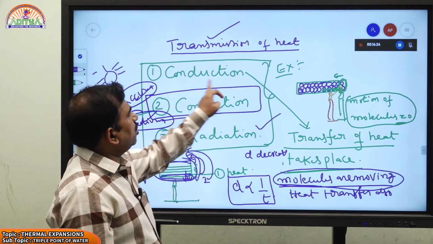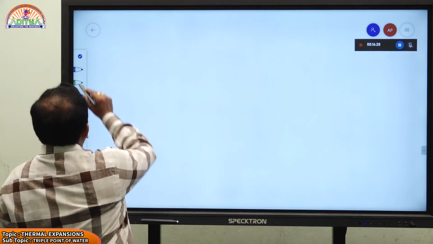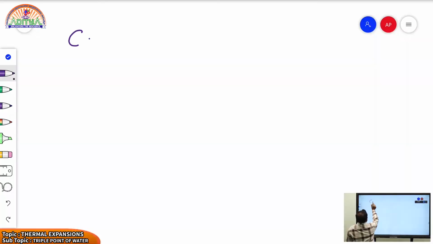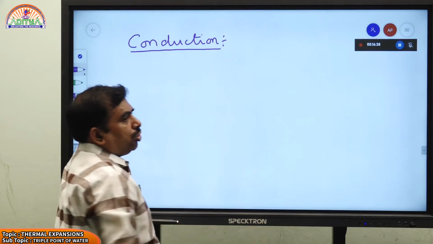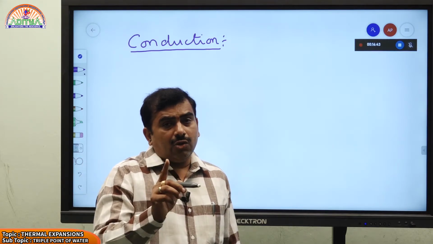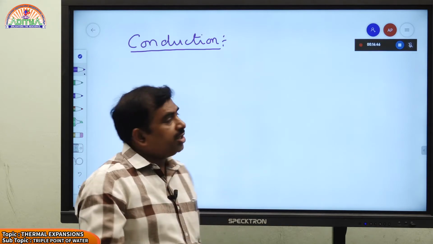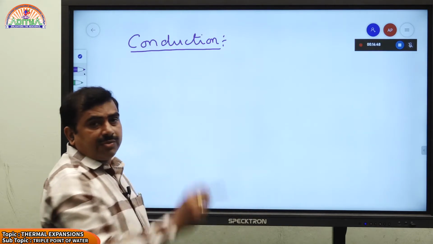Now first we will go to conduction. You know that if the transfer of heat takes place without the actual movement of the molecules, such a process is called conduction.